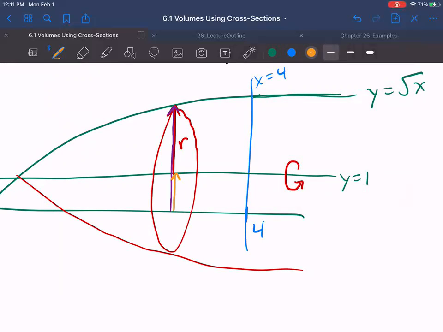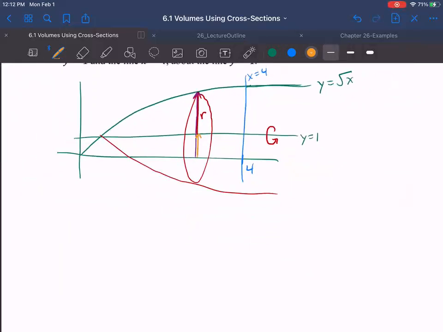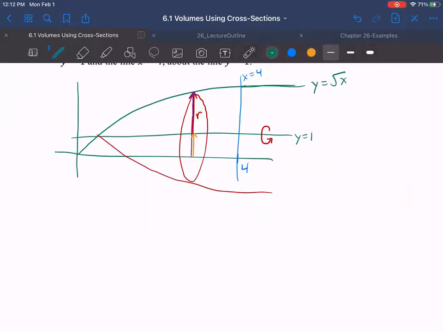Y'all see that? The purple arrow is simply square root of whatever x happens to be there, and the orangish one is just 1. So r equals square root of x minus 1. That's our radius for any point along there.